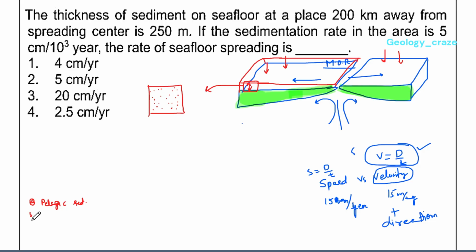Option B, siliciclastic sediments. Option C, irregularia. D is chert.